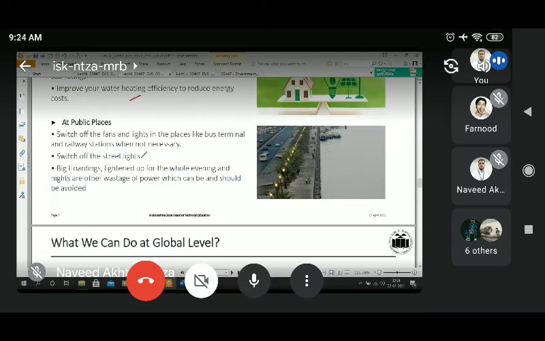Also at the public places, the lights and fans should be switched off if they are not in use, especially in the railway station and the bus station, etc. Big hoardings with lighting the whole night should be avoided because that is also the wastage of the energy.